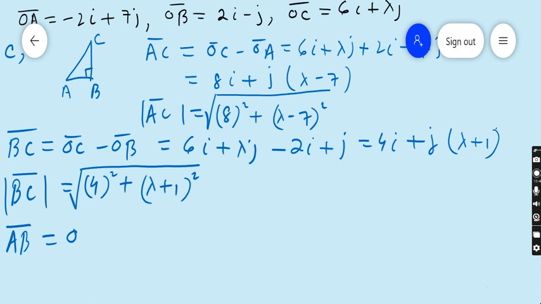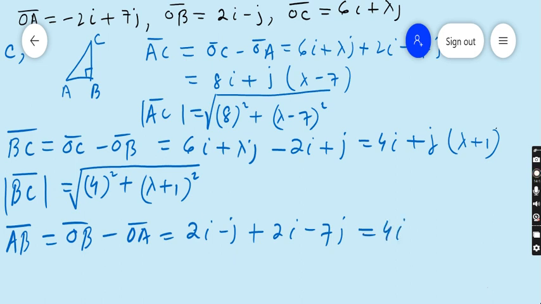AB is equal to OB minus OA. OB is given in the question, 2i minus j, minus OA is given, minus minus 2 plus 2i minus 7j. So 2i plus 2i is 4i, and minus 7j minus 1j is minus 8j.